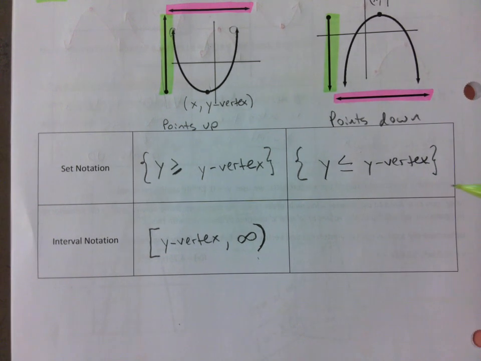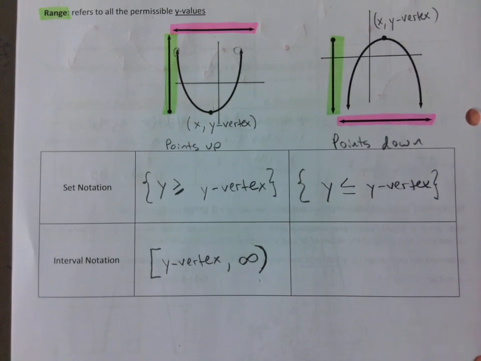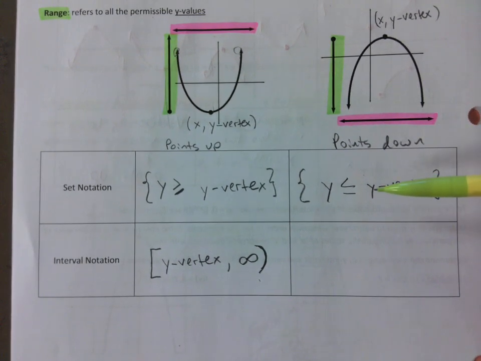And you might have to watch this again later on. You might have to, and think about it. Only y values that are less than or equal to the y value of the vertex, only points that are less than that are acceptable. Otherwise, anything above it, the graph no longer exists up here. Okay?